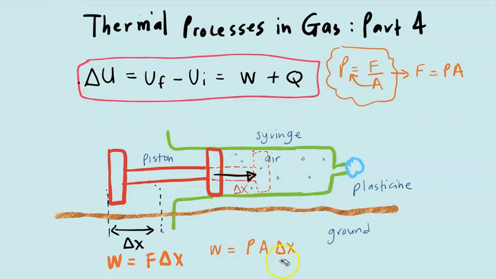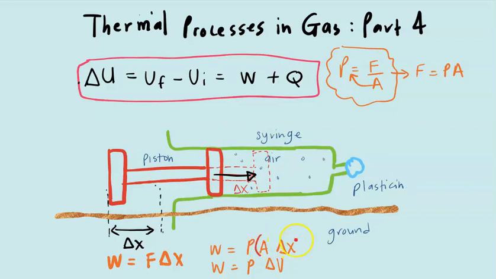So let's just say this is X. So area times X, what does that give you? Area times X gives me delta V times P. So work done is equal to P delta V, if we were to relate work done to a gas system.